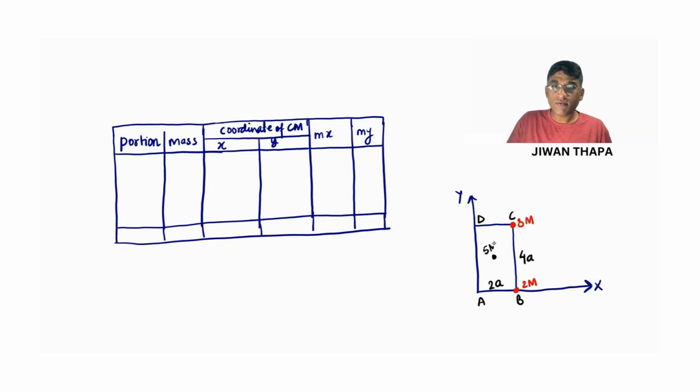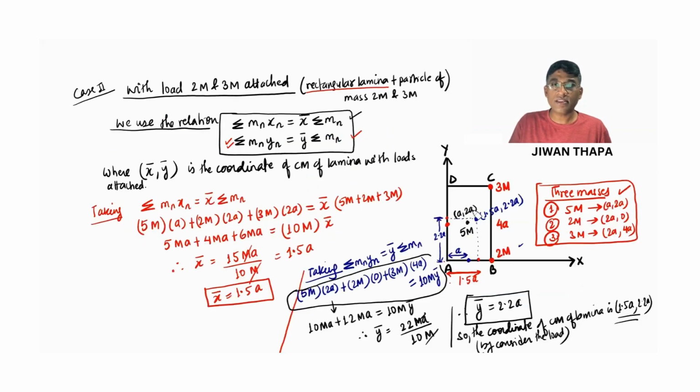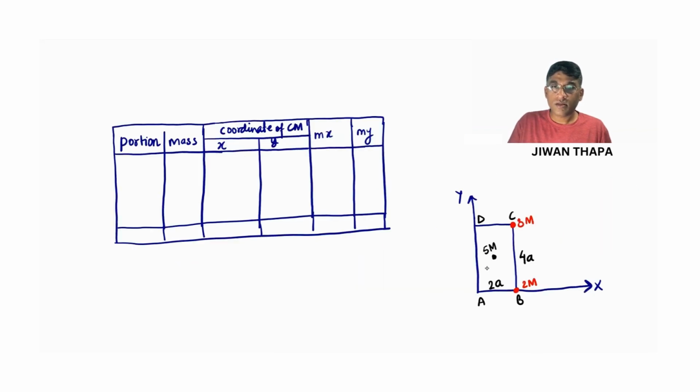The mass 5m is at its center of mass, and the coordinate of the center of mass is A comma twice A. So this is without load, and the coordinate of mass twice m is 2A comma 0, and the coordinate of mass 3m or thrice m is 2A comma 4A.